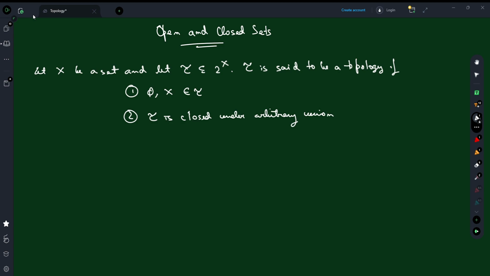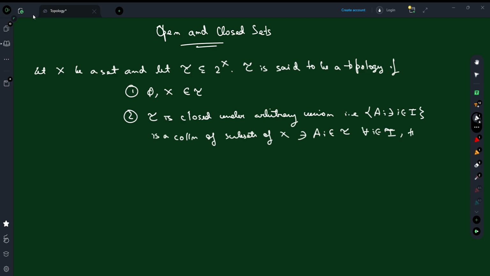That basically means that if you have a collection A_i, where i is in some indexing set capital I, of subsets of X such that each A_i is in tau, then the union of all these A_i ranging over i in capital I is also in tau.